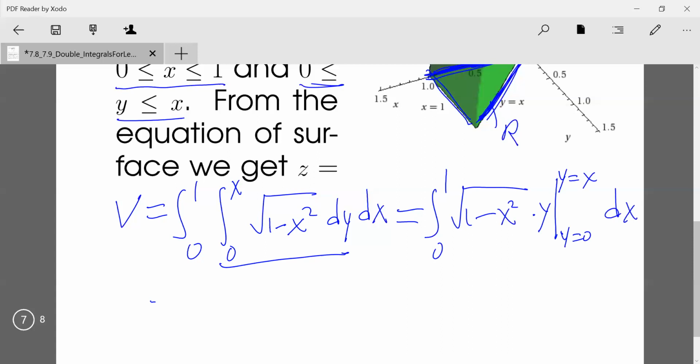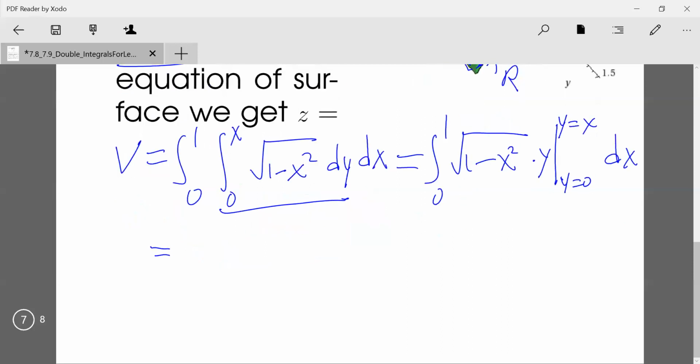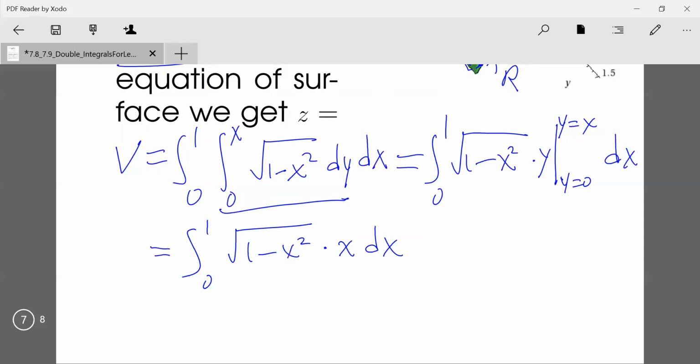So next step, we have the integral from 0 to 1 of root of 1 minus x squared, times x, dx. Now we need to evaluate this. Notice that this is a composite function, and the derivative of 1 minus x squared is negative 2x, which is proportional to this.